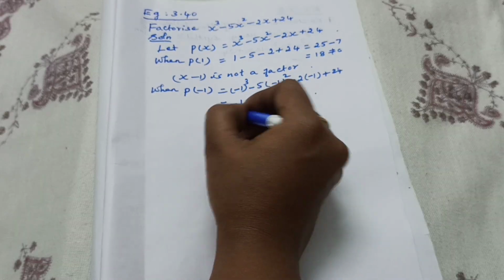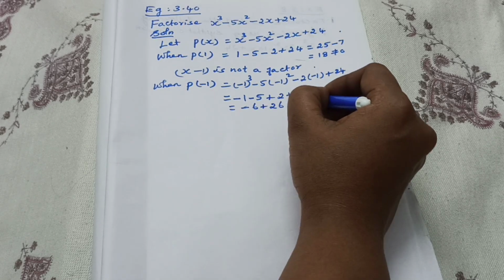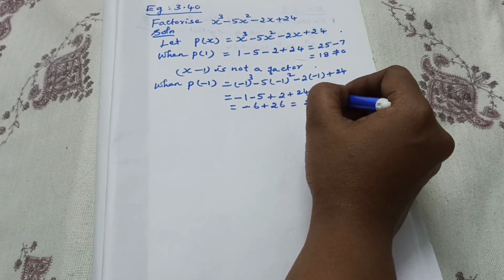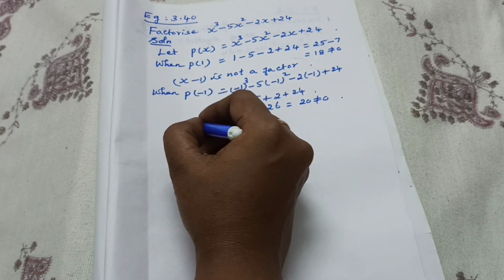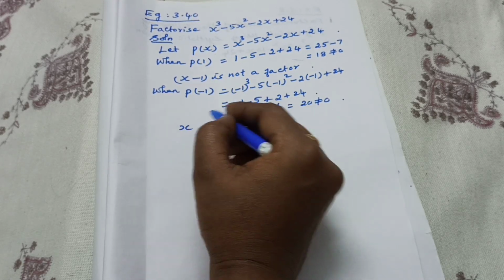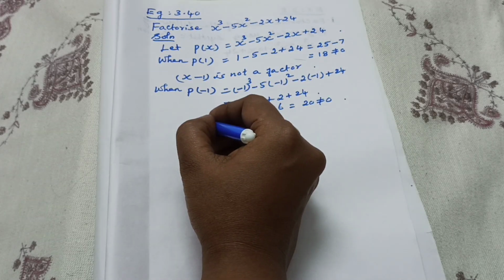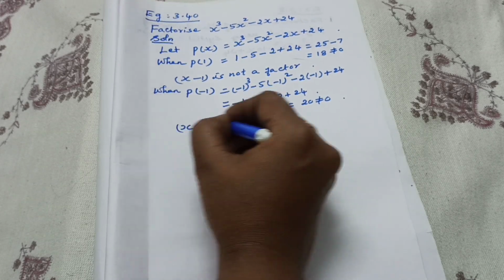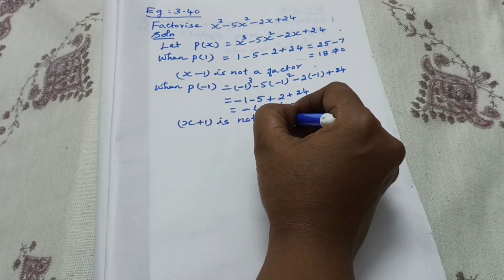Then equal to minus 6 plus 26, equal to 20. It is not equal to 0. Therefore, at x equals minus 1 substituting, we did not get 0. So x plus 1 is not a factor.